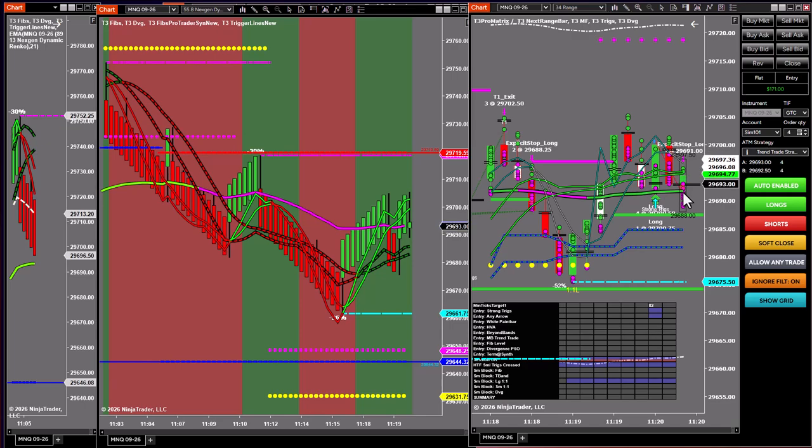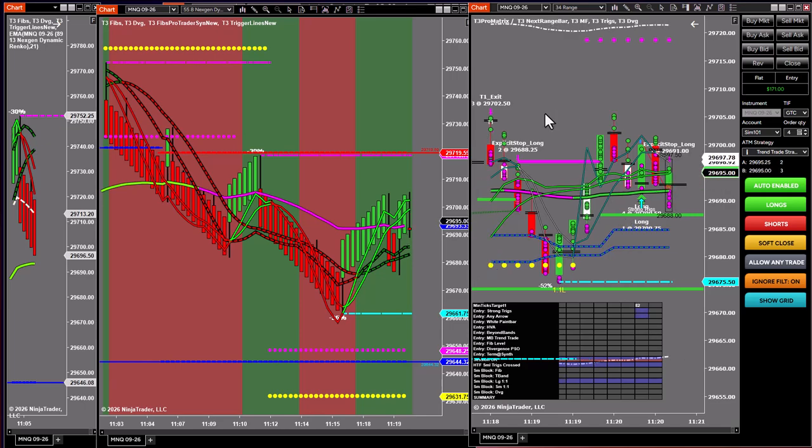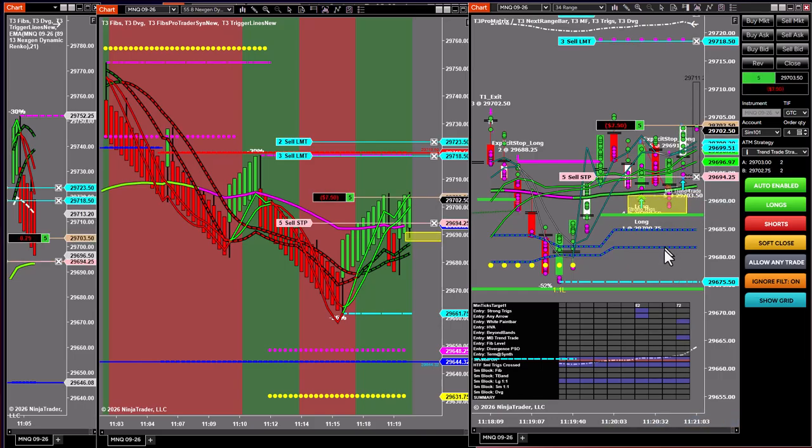It's just a little tight. This is one where they get stopped out and they're going to go anyway. Usually I'll put my stop down below the high volume line right there just to give it a little bit of breathing room instead of just below a pivot.